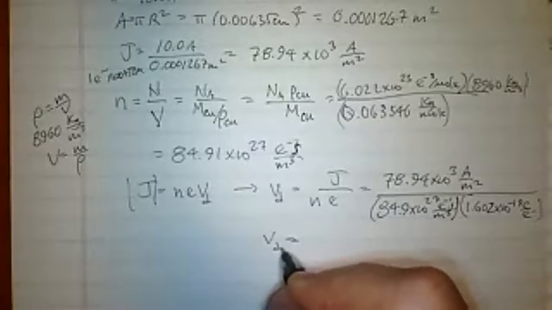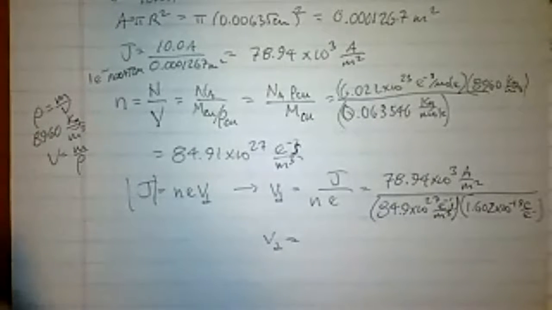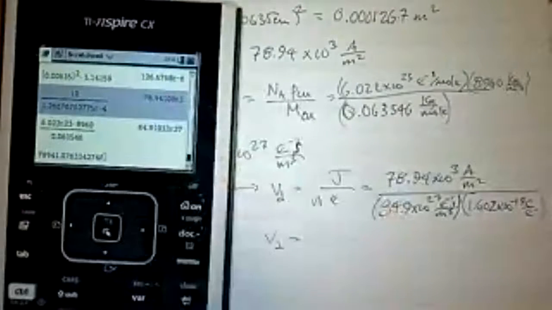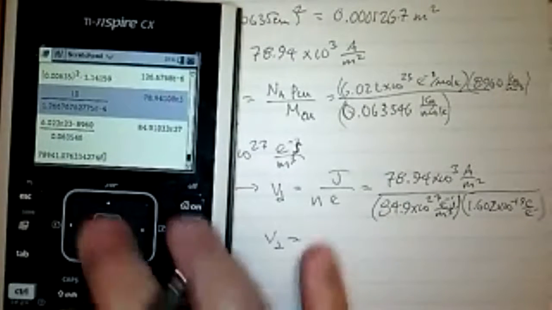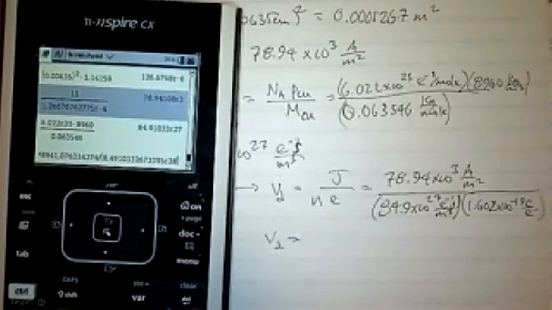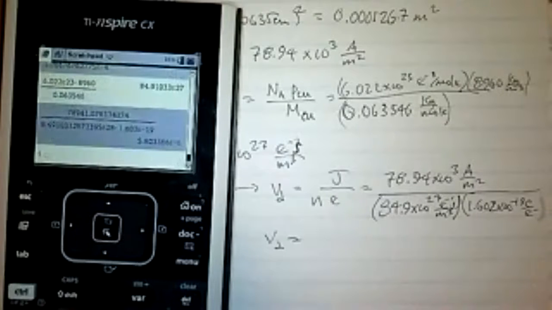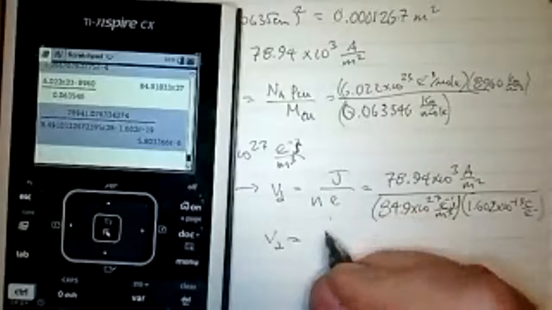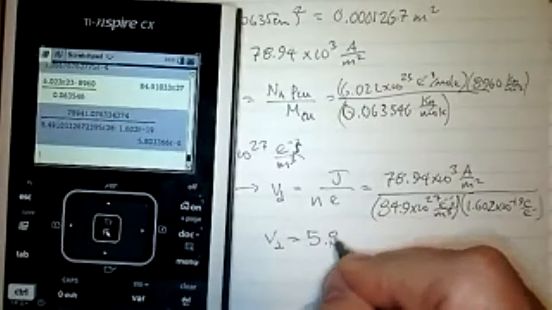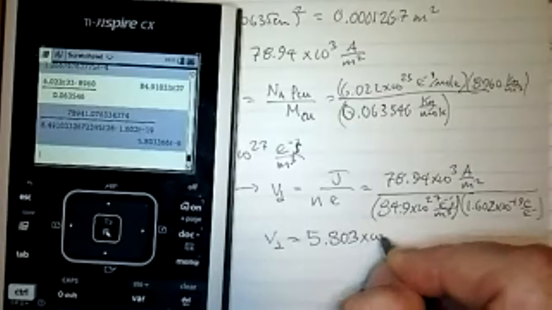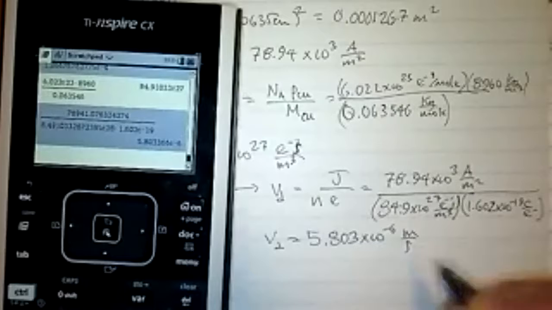And we get the drift velocity is, so I'm going to take 78.9 divided by parenthesis, this number, which I'll multiply by 1.602 e to the negative 19. And I get 5.803 times 10 to the negative 6 meters per second.